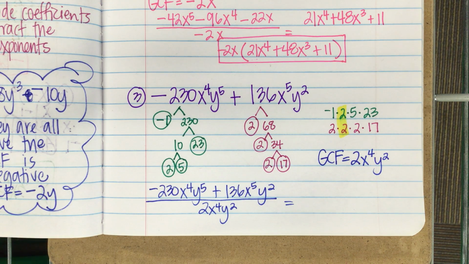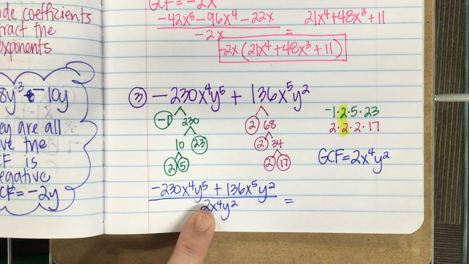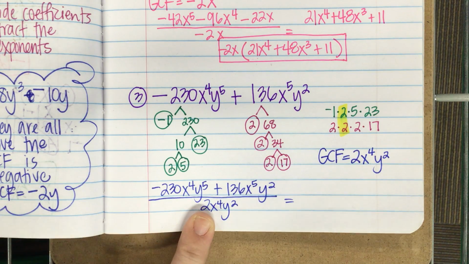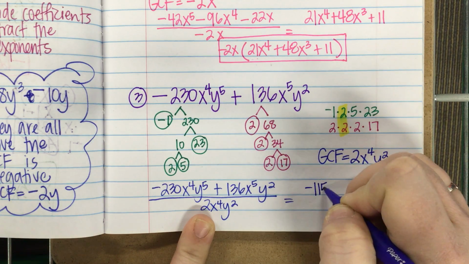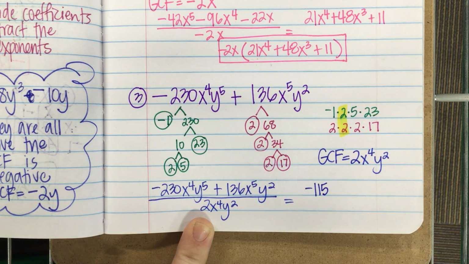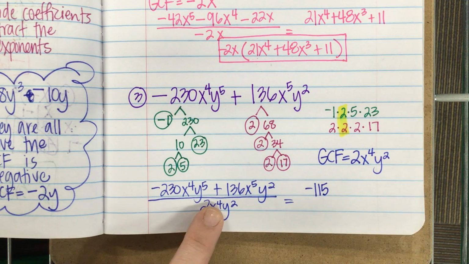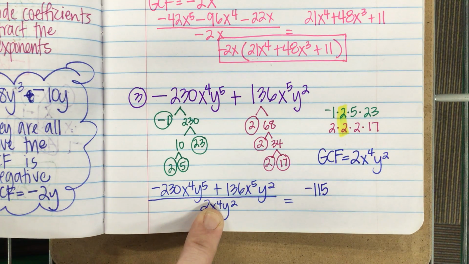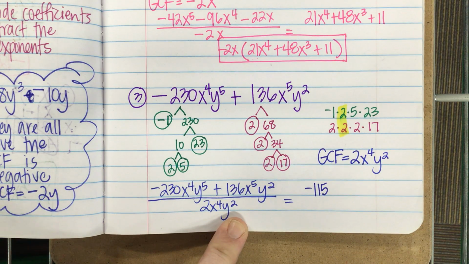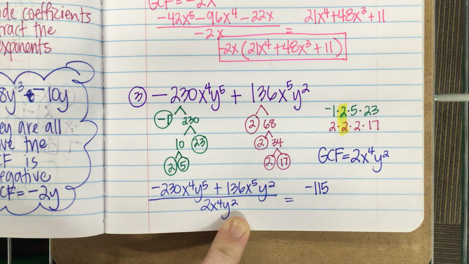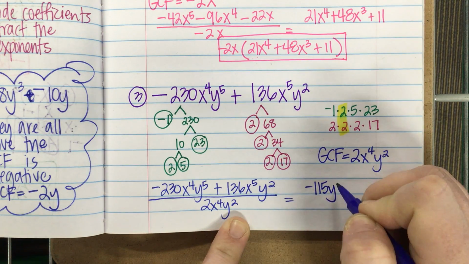Again, you guys, the rules are just divide your coefficients, subtract your exponents. What is negative 230 divided by 2? Negative 115. What's x to the 4th divided by x to the 4th? Nothing, it disappears. What's y to the 5th divided by y squared? Y to the 3rd?